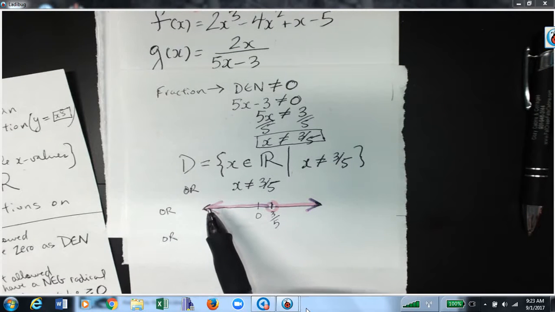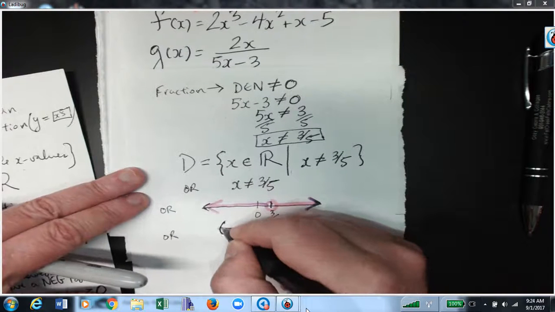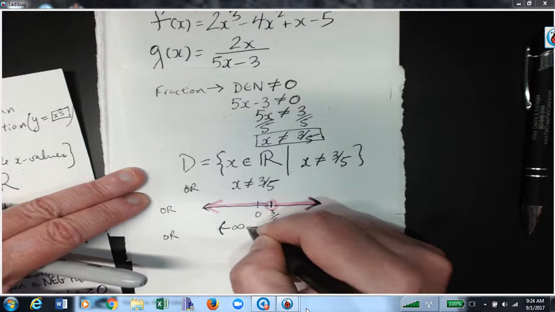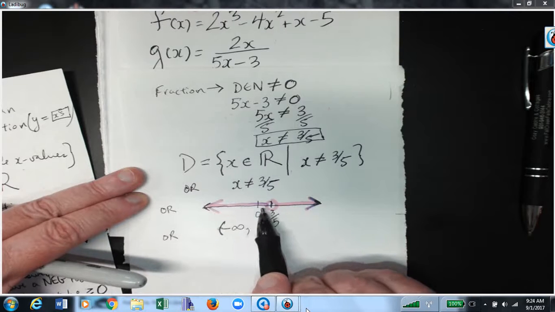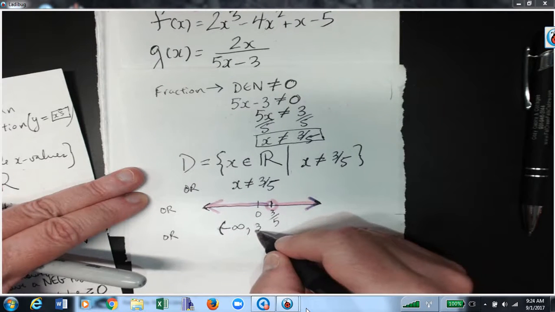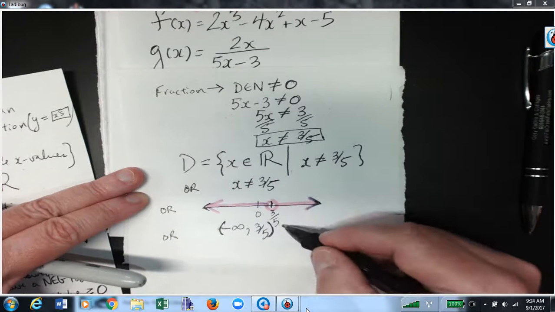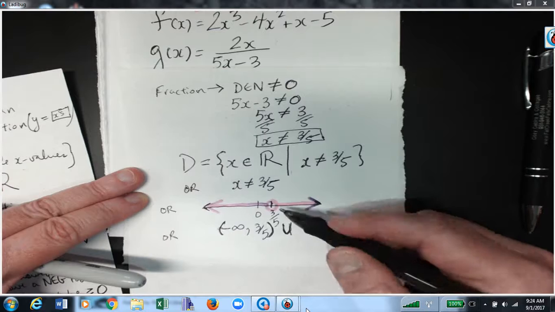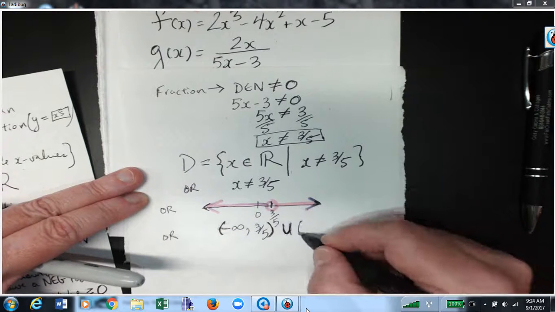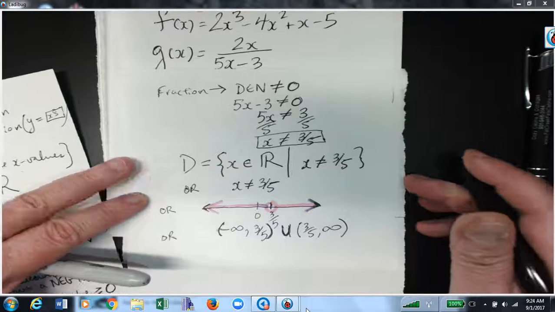Can we find a leftmost point? No, so we'd start at negative infinity. And we come in and there are no gaps at all until we approach 3/5, and we actually have to jump over 3/5. So we would have a union symbol there and then carry on after 3/5.